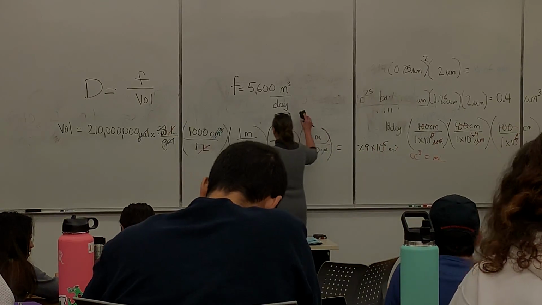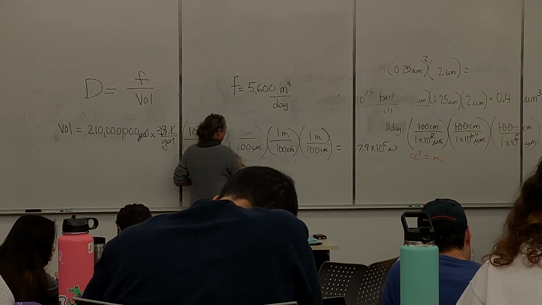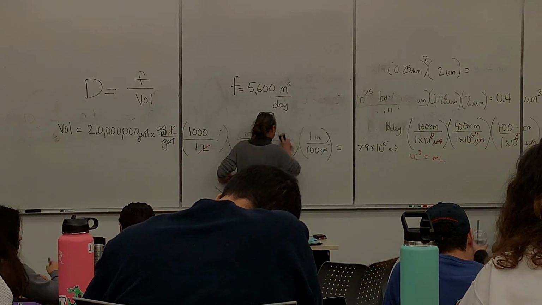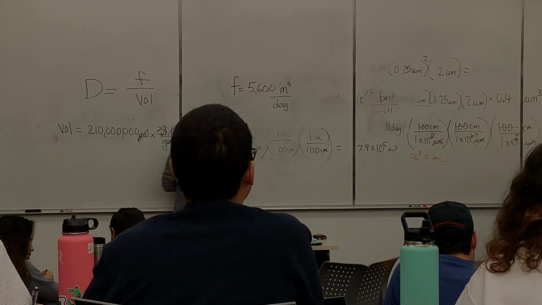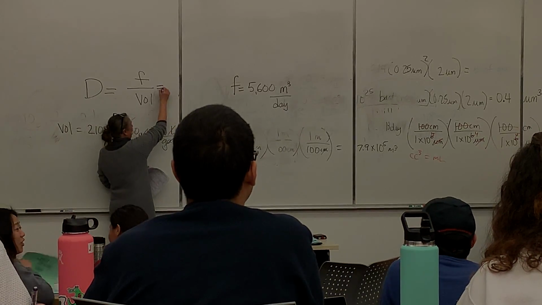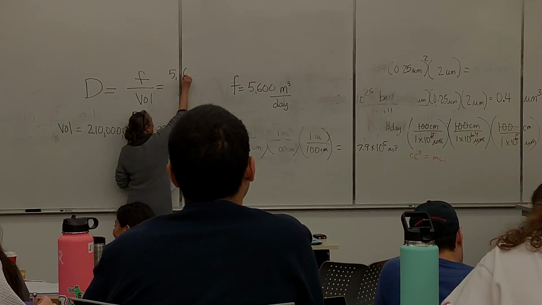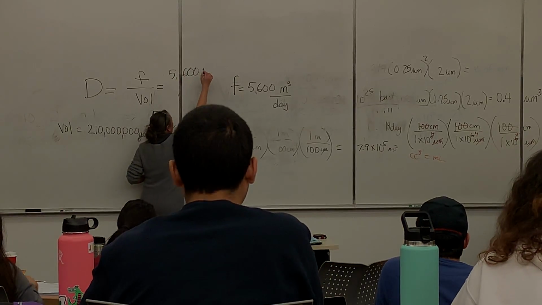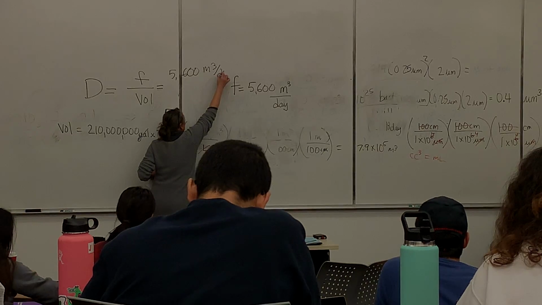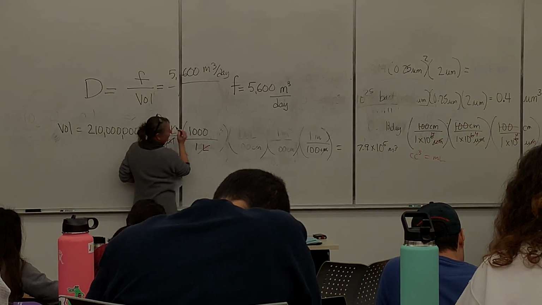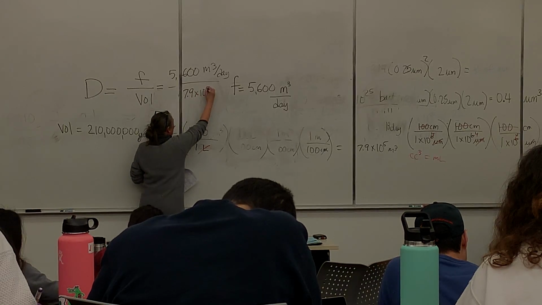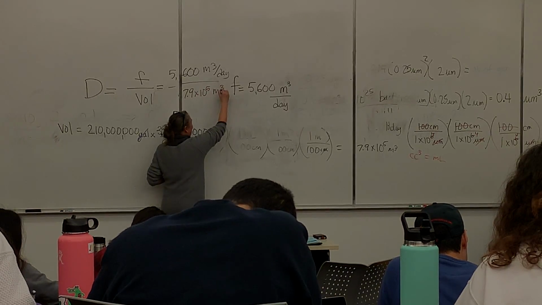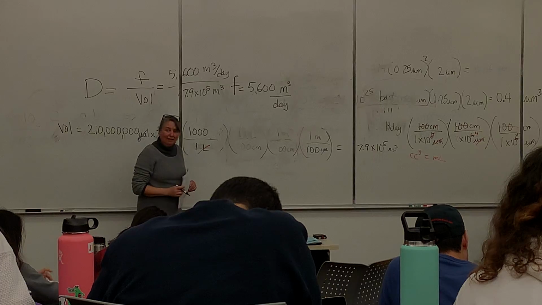Okay. So we're going to take our F. We have 5,600 meters cubed per day. We're going to divide it by 7.9 times 10 to the 5th meters cubed. And our answer will be in per day, which is good.